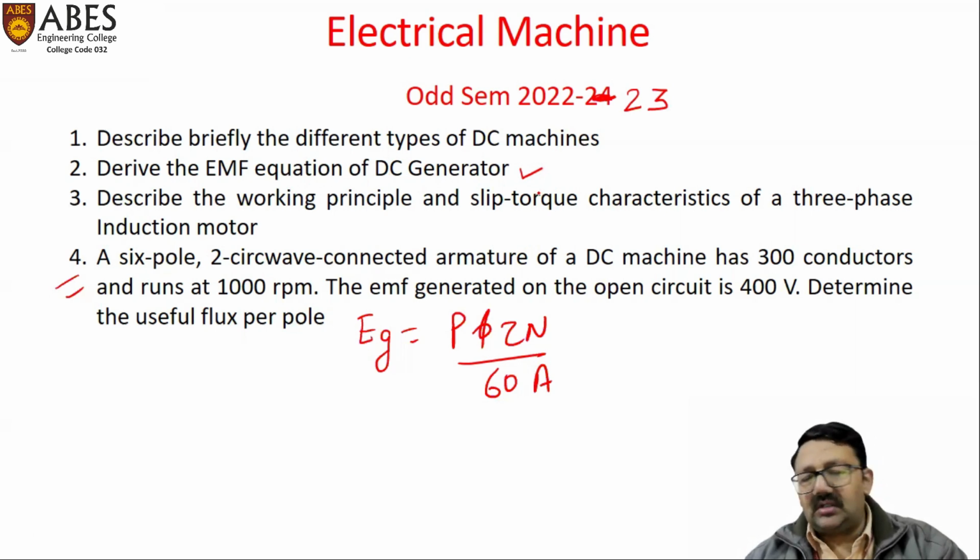It may be DC motor or DC generator. And at last, we can also say this topic, back EMF, which was not asked in the last 2 year examinations, but this back EMF is also a very important topic. What is back EMF in case of motors and what is its significance?